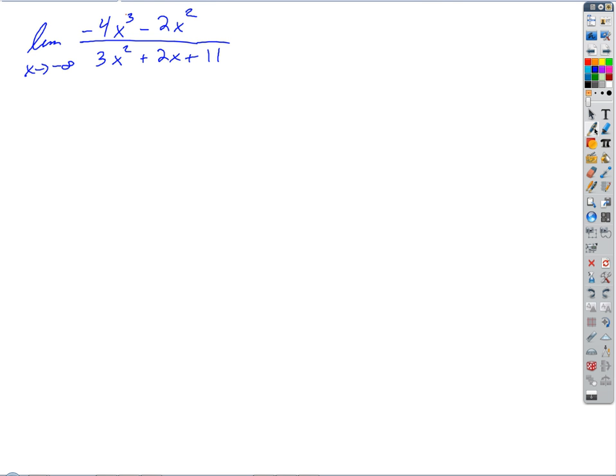Let's go back. We've got to review a little long division, not synthetic division. Wait, is this easier than what we've been doing? It's no harder. Okay, quick review. We haven't done this in a little while. Can we use synthetic division for this one?